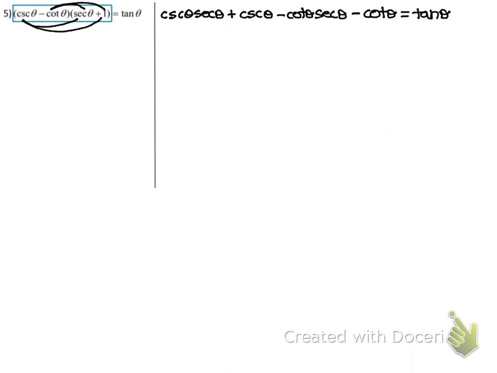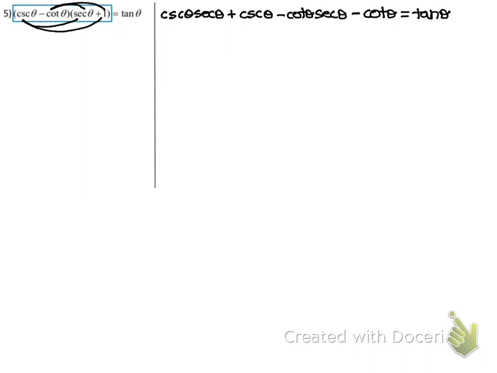Okay, clearly not a mirror. I have a ton of work that I need to do. What could I do? Well, I don't want to factor because that would undo the work that I just did. I think I'm going to turn everything into sines and cosines and see if that helps, because I know tangent is sine over cosine. If I can somehow get that to happen, I'm home free.